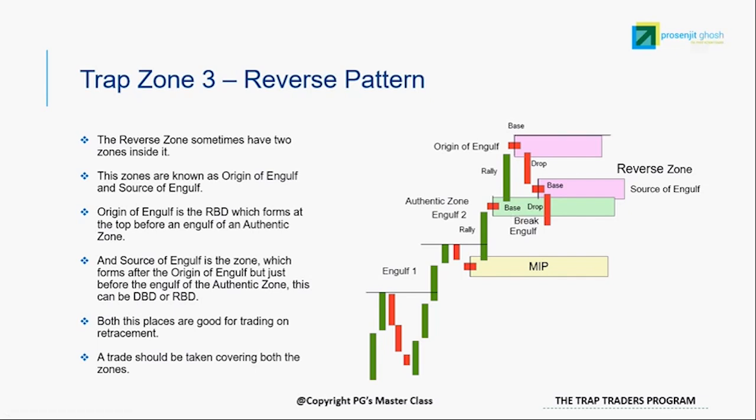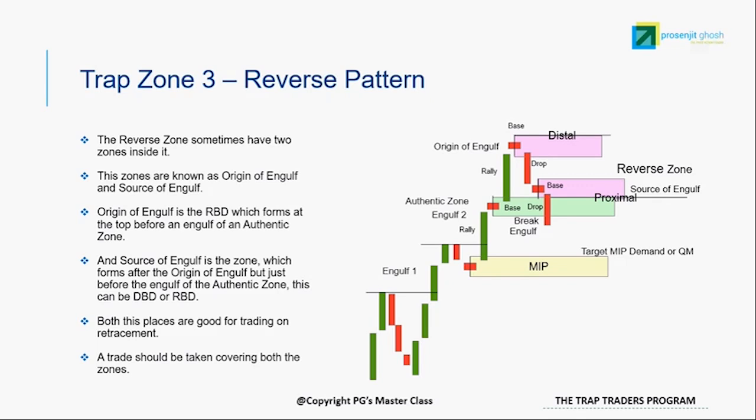I can put my proximal above the origin of engulf and keep my entry at the proximal line, or I can take two separate trades there, or I may take the trade at the origin, in the expectation that the source may get a little bit faked out and then price will go down. I can keep my proximal line at the stop loss area, and from there I can take the trade. So this is another type of reverse zone which is available.